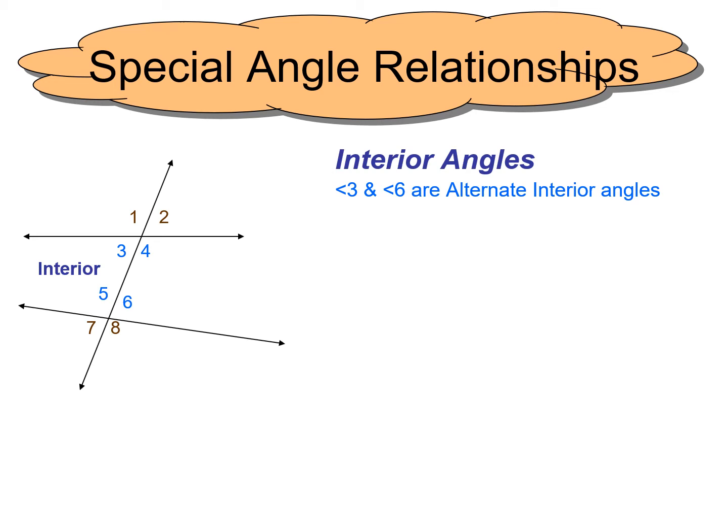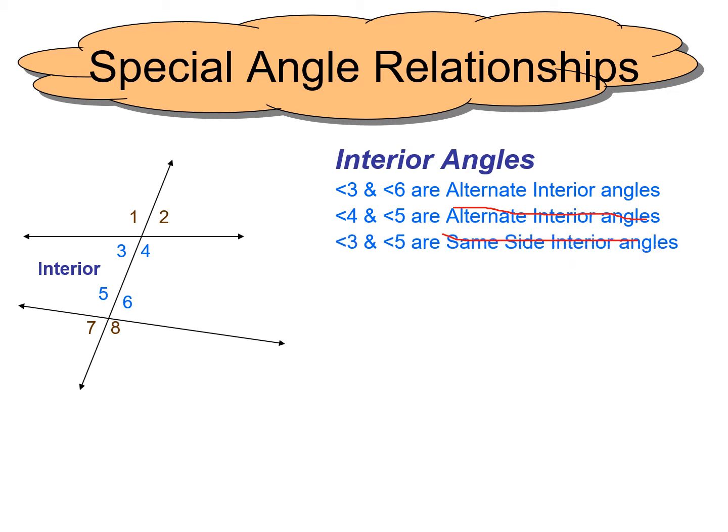If we are going to understand also the concept of alternate interior angles, the alternate ones are angle 3 and angle 6, same as with angle 4 and angle 5. Then 3 and 5 are the same side interior angles.